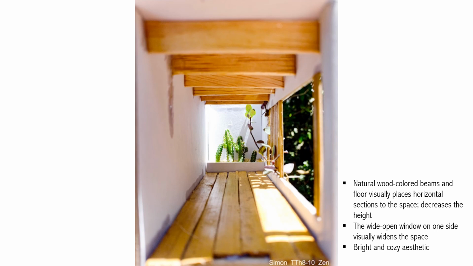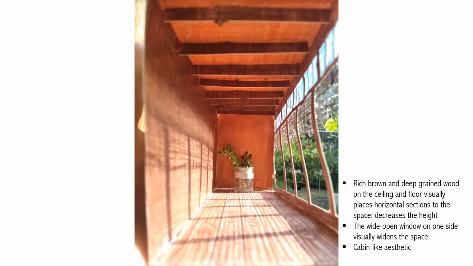Okay, so the wide open window on one side visually widens the space also. So this is a very bright and cozy aesthetic. You would imagine it a corridor beside the garden or beside the farmhouse. It's very interesting.